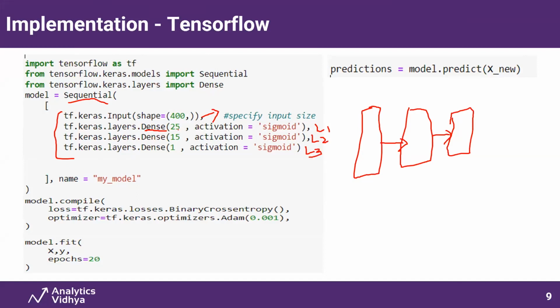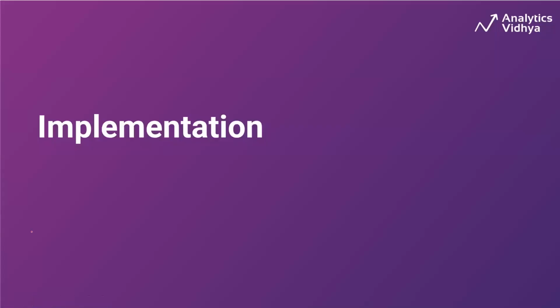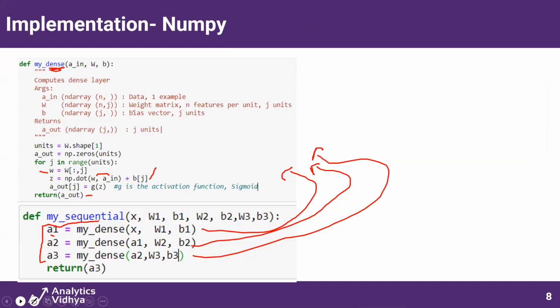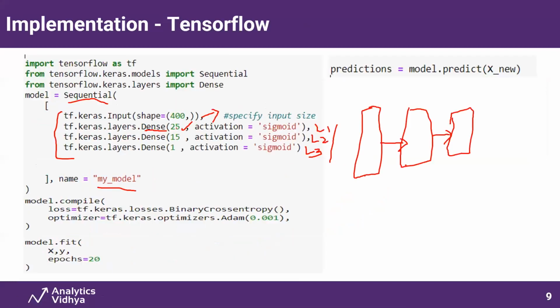So we tell TensorFlow to make a neural network for me whose name is my model. Put 3 layers in that neural network, 1, 2, and 3. In the first layer, add 25 neurons. We saw that in this part we had 3 neurons, 1, 2, and 3. I'm just trying to show you that neurons are something we can easily add with a number.